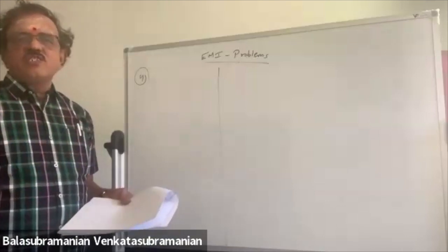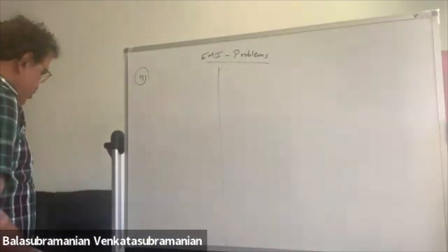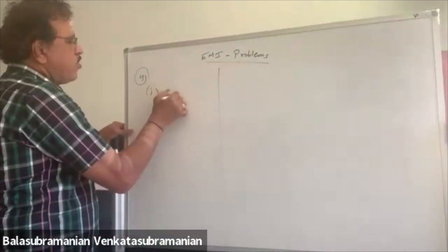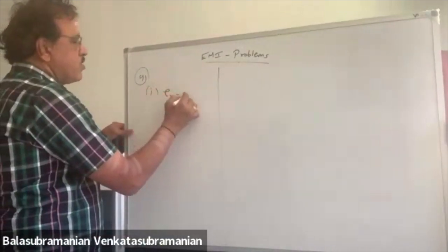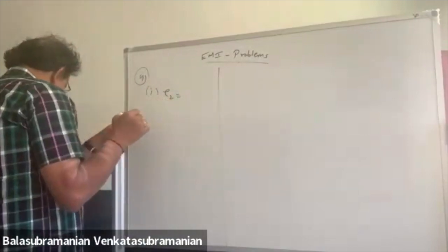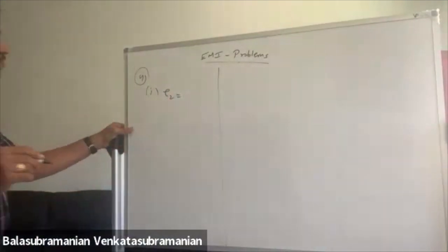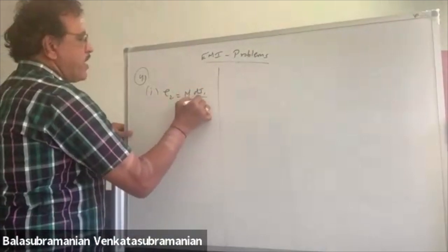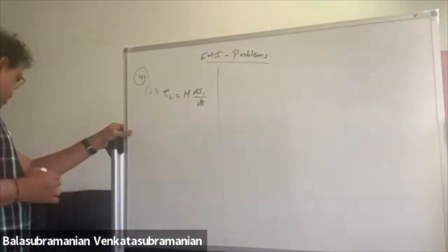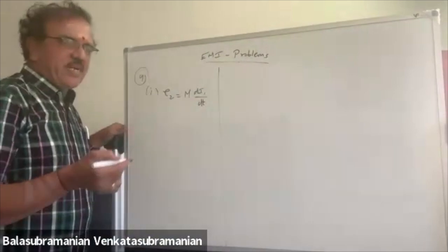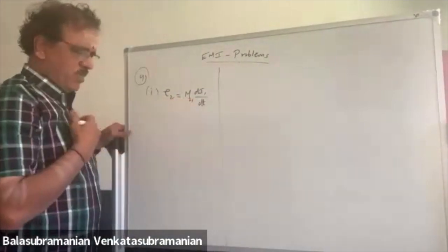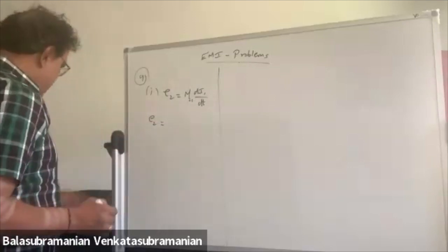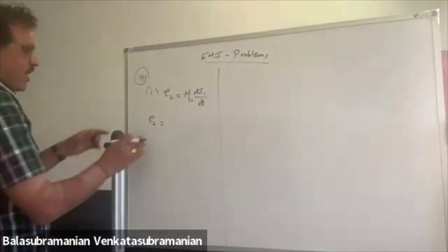Two different sets of data they have given. Induced EMF E2 is equal to minus M into dI1 by dt, the question is magnitude only. M means the mutual inductance of the second coil with respect to the first coil. That only you have to calculate.